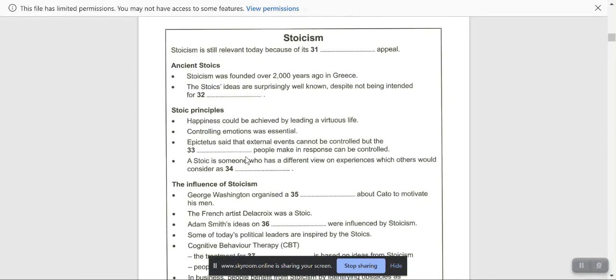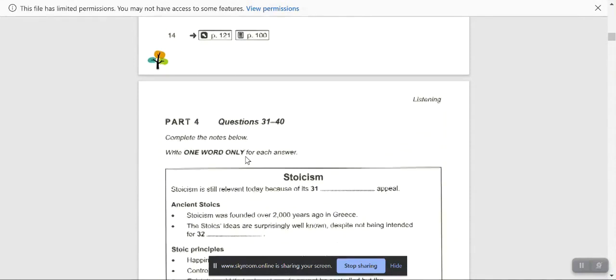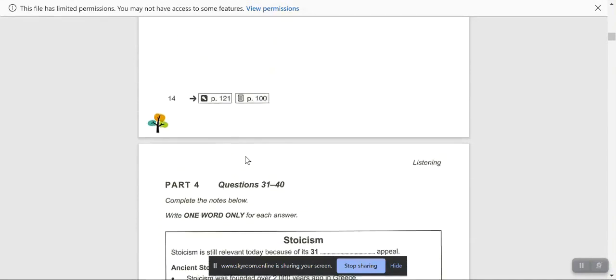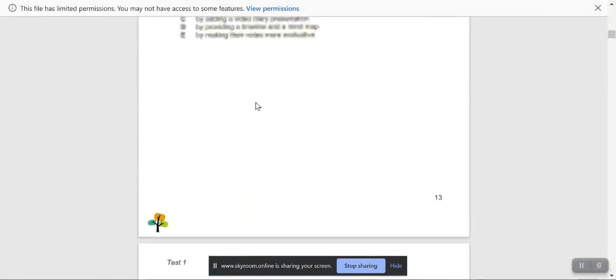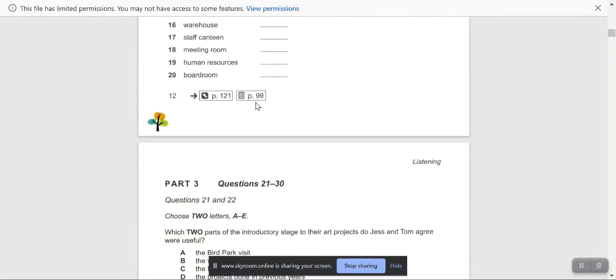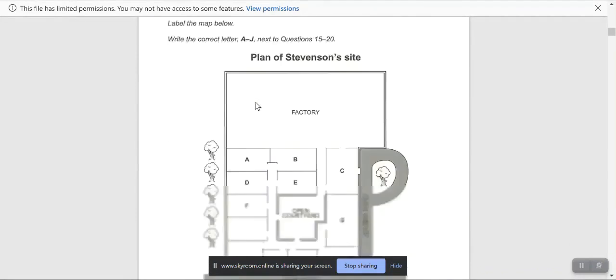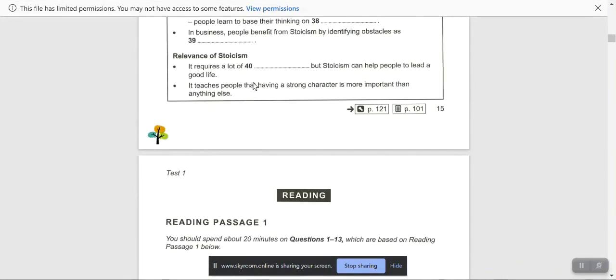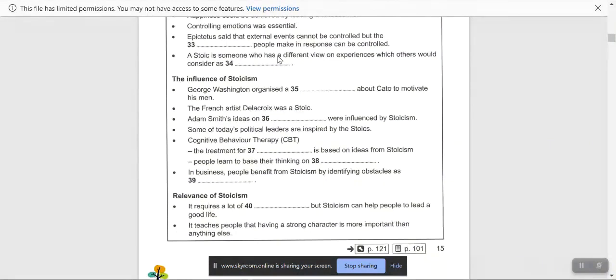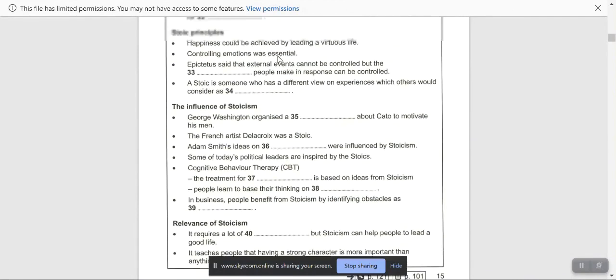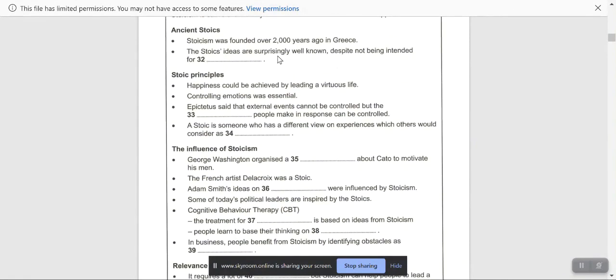So you have to earn some time from these 3 easy parts to use in this difficult part. You have to read these questions before you even listen to it, to understand the overall general idea of what is going on in the last difficult part.